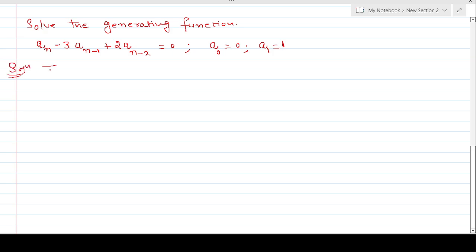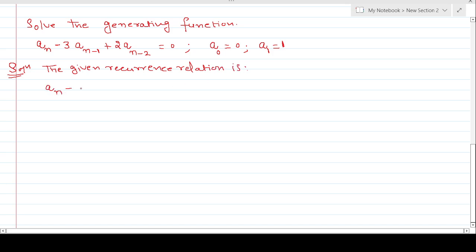The given recurrence relation is a_n minus 3 times a_(n-1) plus 2 times a_(n-2) equal to 0. Now you multiply this equation with z raised to the power n.